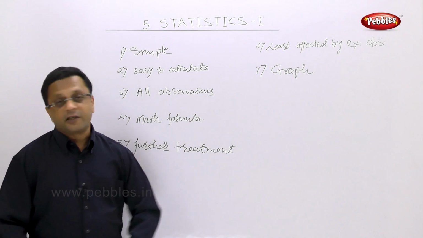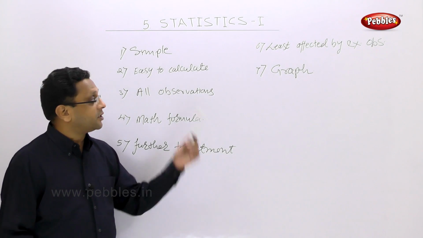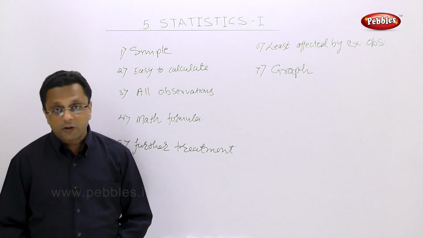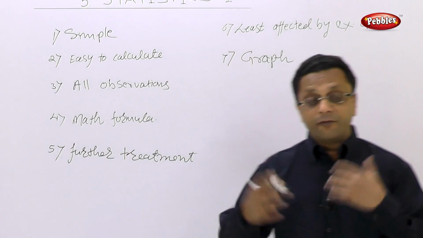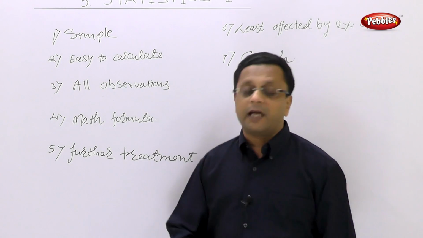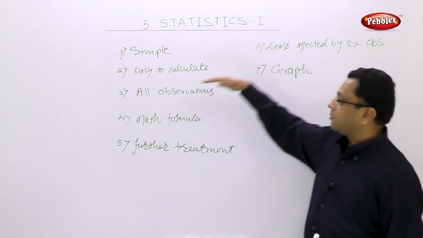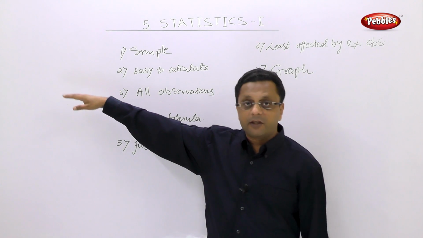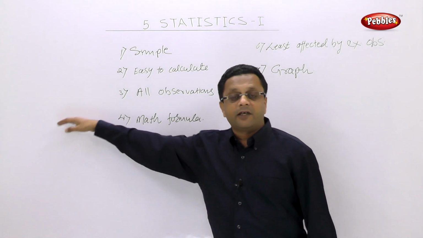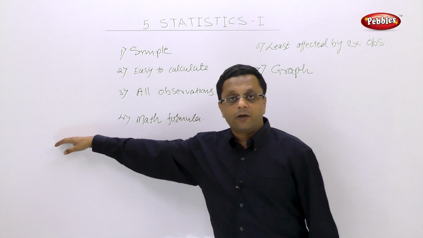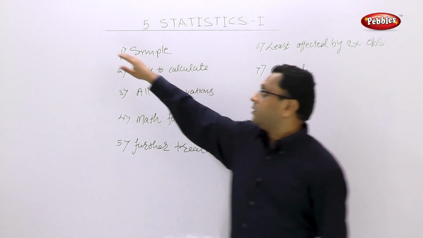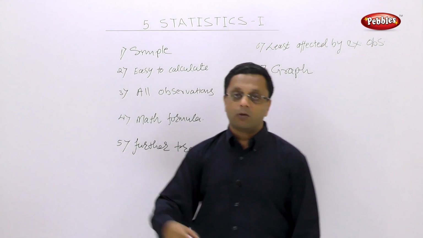This cannot be represented by graph. Graphical representation is not possible. In case of open frequency, if the class is open, that means if I give something 500, my second class interval is 500 to 700, then 700 to 900, 900 to above, and here first is 500 and below.